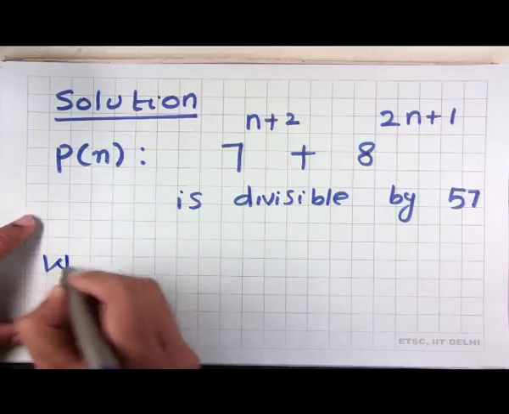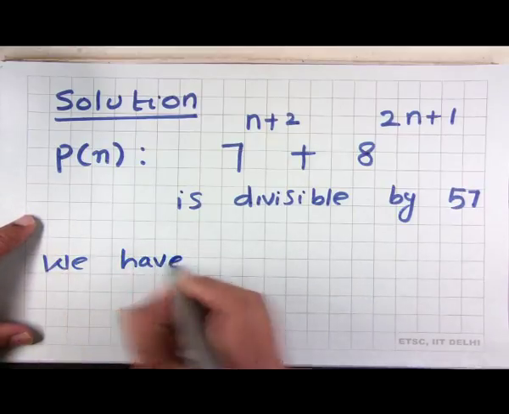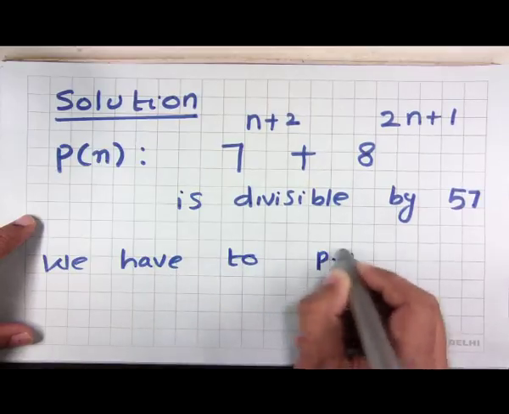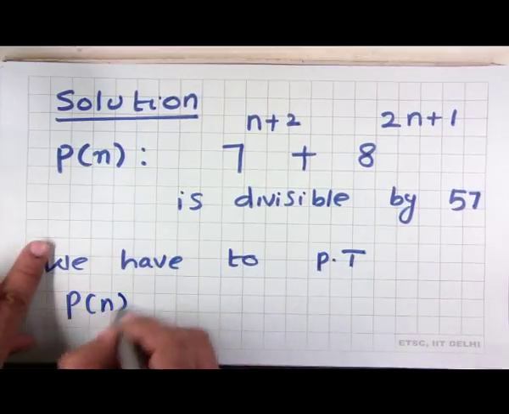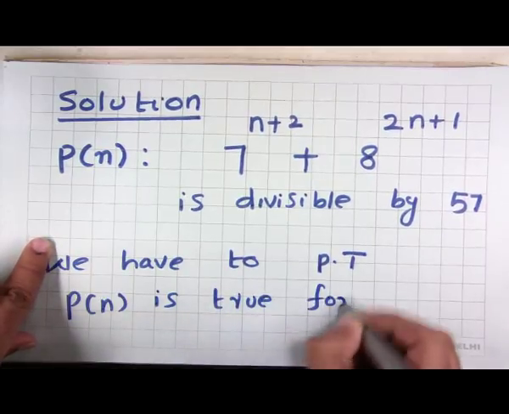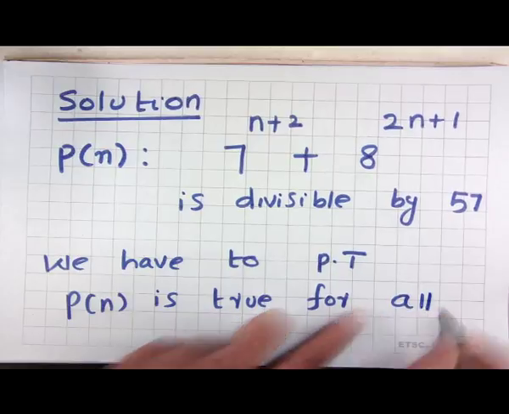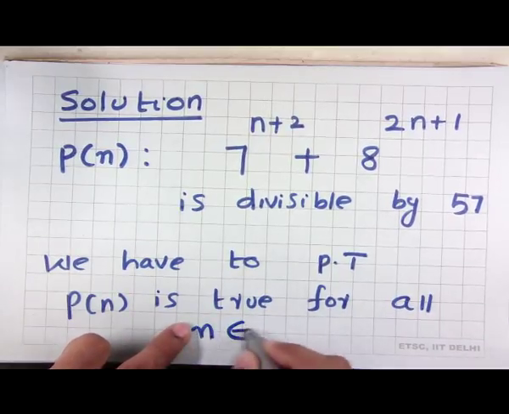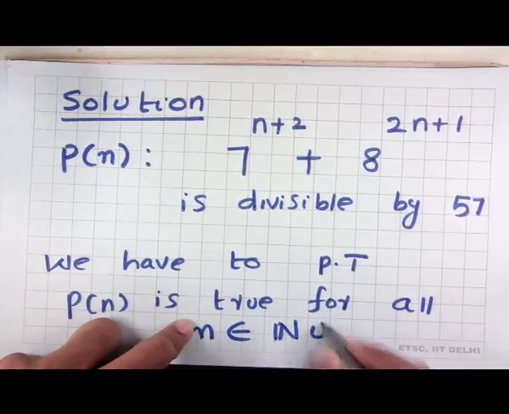We have to prove that P of n is true for all n in the natural numbers union 0.